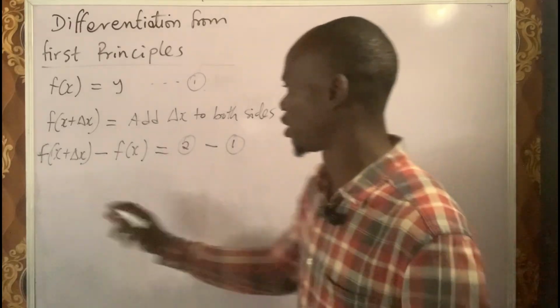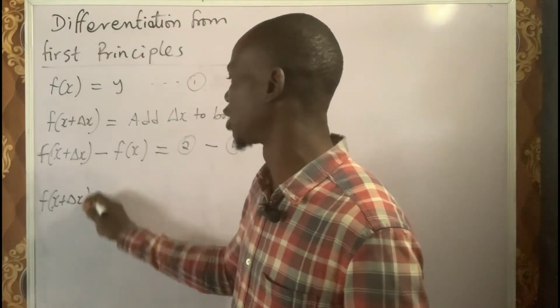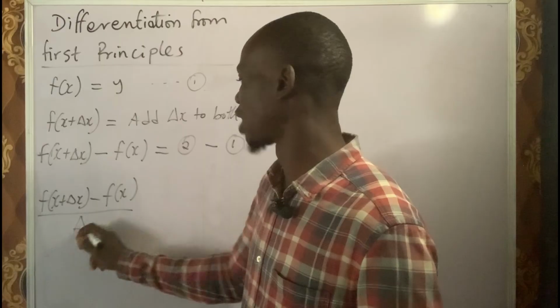The fourth step says everything we have in the third step, which is f of x plus delta x minus f of x, is divided by delta x.